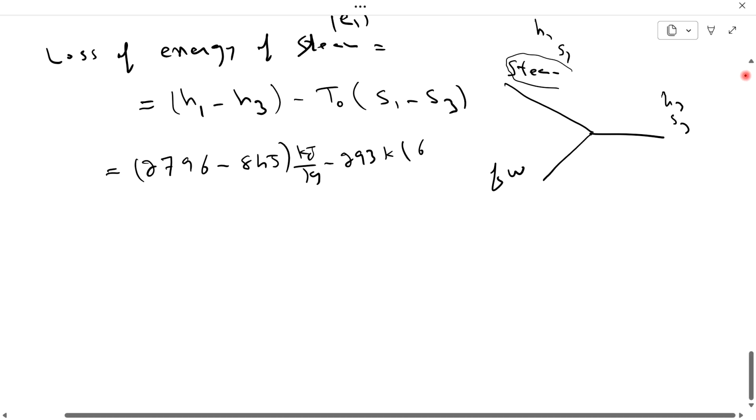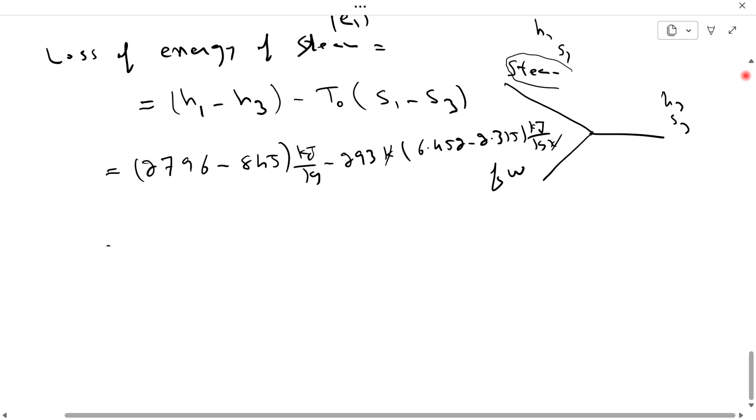S1 is 6.452 minus S3 is 2.315 kJ/kg·K. The Kelvin cancels with this K, so the final answer will be in kJ/kg.